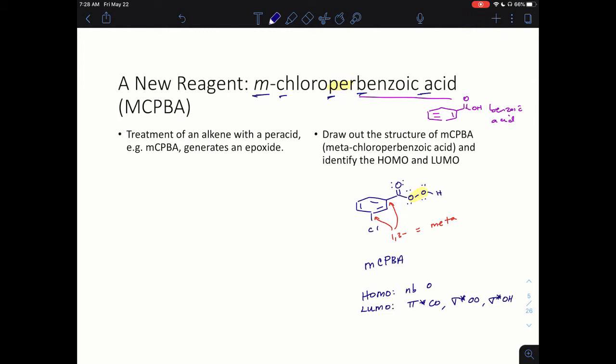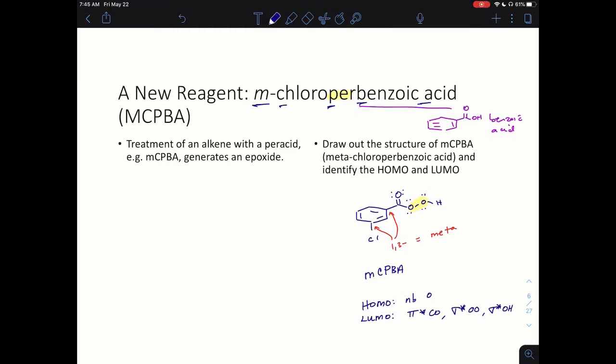Yes, and I do understand one of those orbitals will be the absolute LUMO, but we've said before when there are several acceptor orbitals that are close in energy, sometimes it's hard to predict exactly what's going to happen. But what we can say is that MCPBA is going to use both its donor and its acceptor orbitals to interact with the alkene.